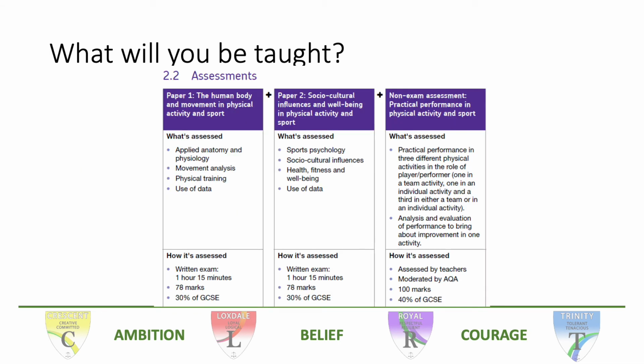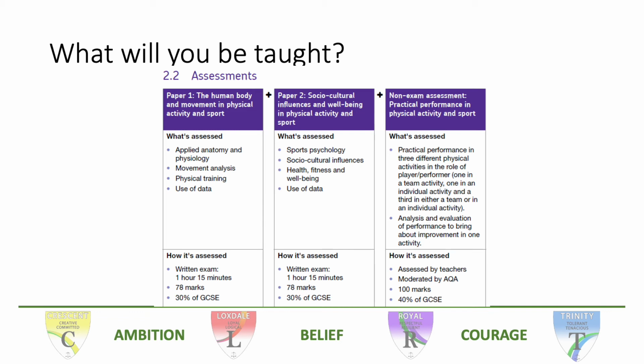And this is how it looks on the exams. So you can see the topic areas are split across 2 exams. So you've got paper 1, which is the human body, and paper 2, which is the socio-cultural influences. So paper 1 is looking at anatomy and physiology, movement analysis and physical training. Paper 2 looks more at the mind, so the sports psychology, socio-cultural influences, and the health, fitness and well-being.